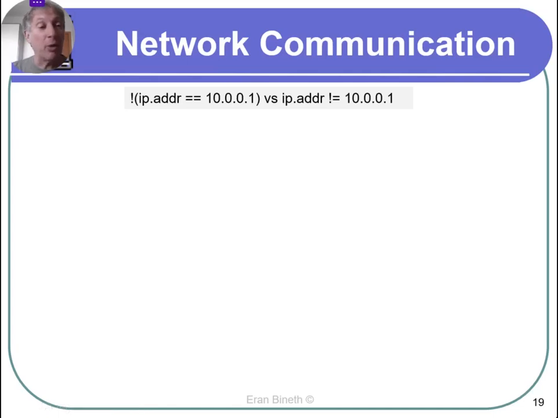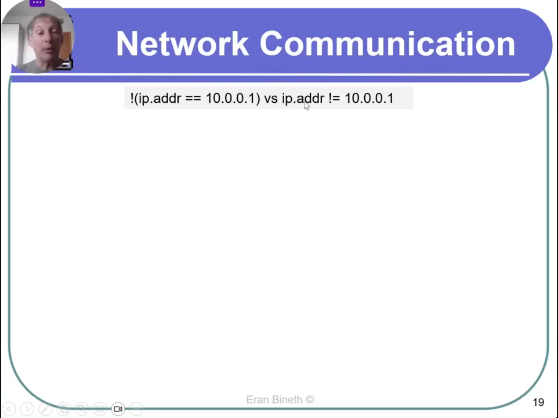To finalize this part of the presentation, let's understand what is the difference between this notation and this one. This is a more clever and maybe tricky question, because an IP-ADDR is an OR logic between the source and the destination IP.